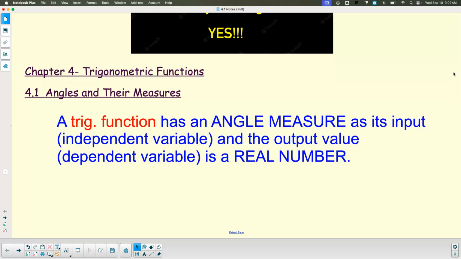And then you get out a real number. That's what a trig function does. It inputs an angle measure, either in radians or degrees, and then you get out a real number.